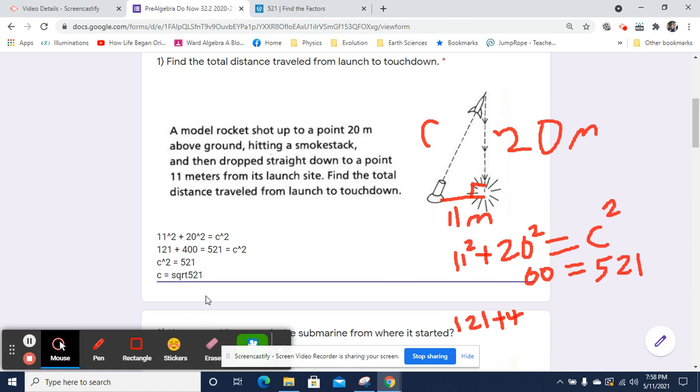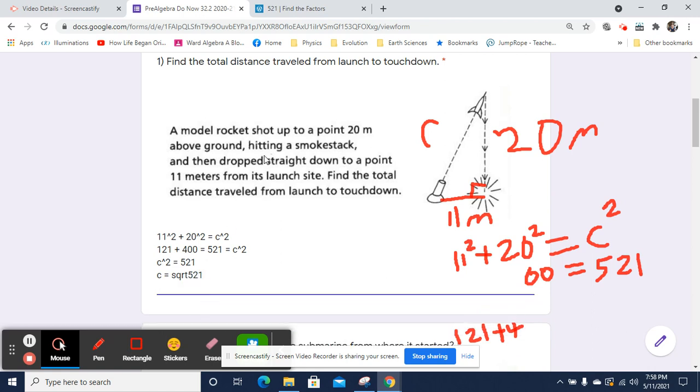Now, I'll go ahead and work out the estimate, and then we have to also add that to 20 meters. We are getting a measurement, so it might be useful to use an estimated answer, okay? So I'm going to start with the exact answer.